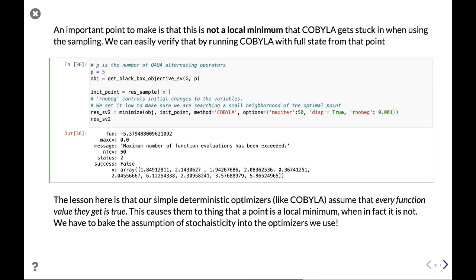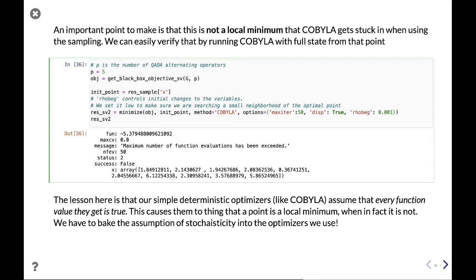It's simply a fake local minimum that we get stuck in because of the finite sampling error throwing our optimizer off. And this is only going to get worse on the hardware, because on the hardware, the error in your objective is even larger. So you really need to think about the stochasticity of your objective when optimizing it.